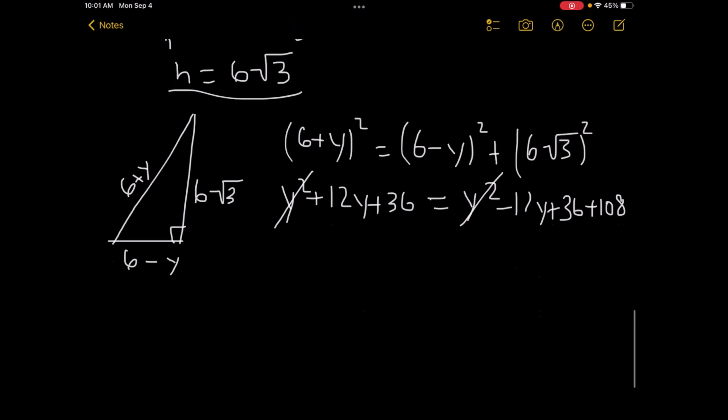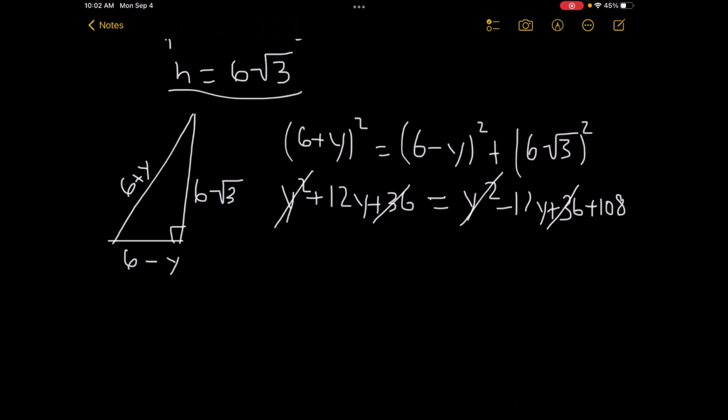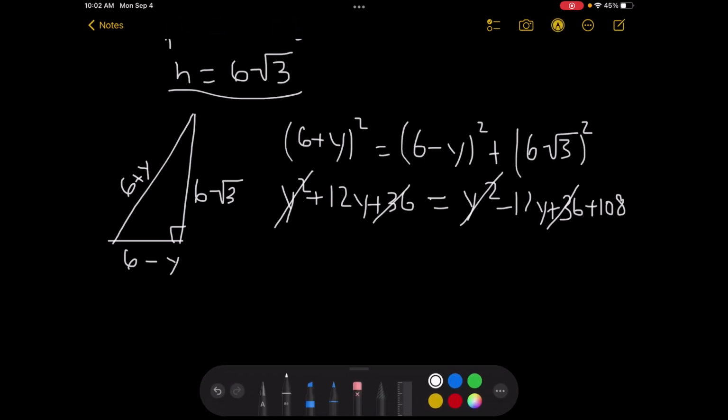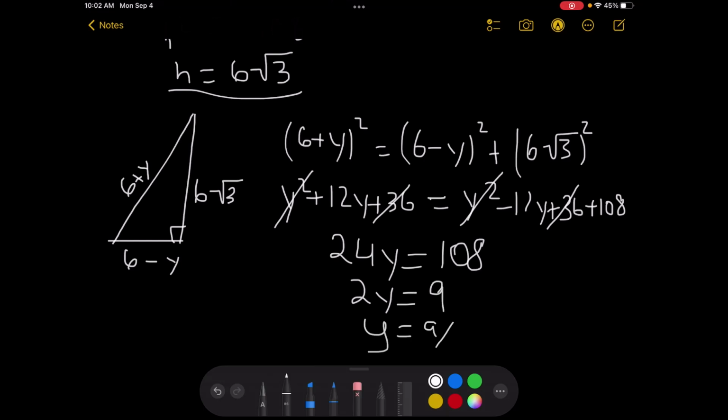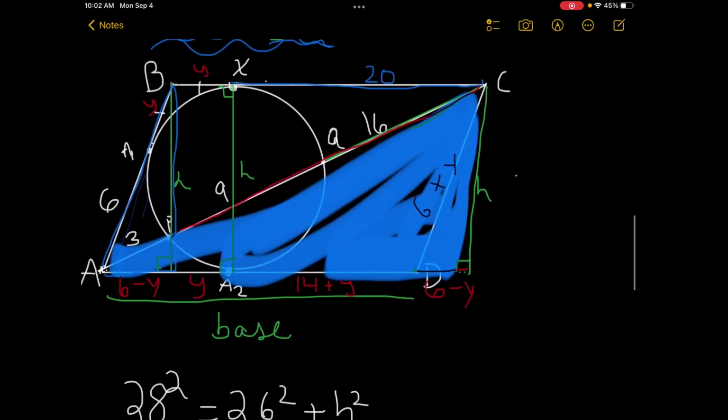We can move all the y terms to one side. Right. The 36 also cancels. So we get, finally, 24y equals 108. We can take out a 12 from both sides to get 2y is equal to 9. So y is equal to 9/2. Found the value of y.